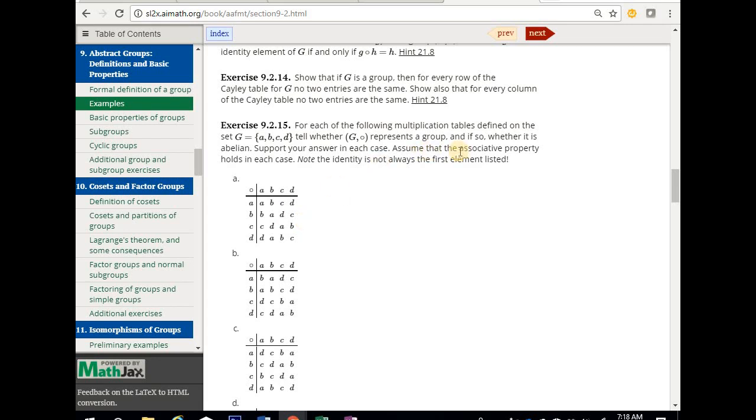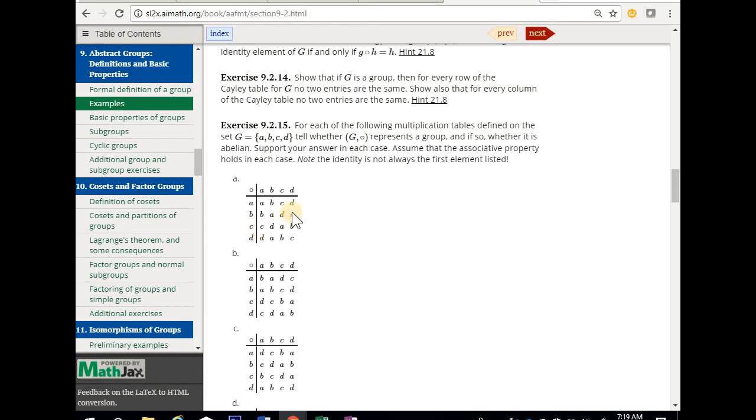Notice that you can assume the associative property, so you don't need to check that one. And they all have closure, so you're not even going to have to check that. It's clear they all have closure because all of the letters inside the table are letters on the margins. So let's check identity. In this case, identity is A, because A circle X equals X circle A is equal to X for all elements, and you can write it that way.